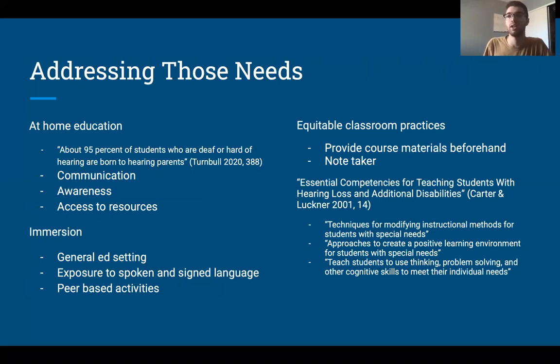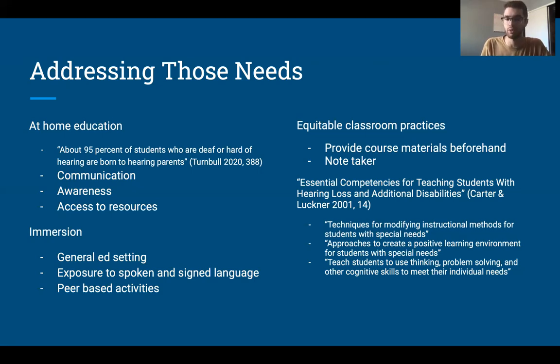This means that a lot of the time, parents with a deaf or hard of hearing child have had little to no exposure to deaf culture or any of those resources. So communication with support staff at school, awareness of the student's disability, as well as access to other outside resources are going to be the biggest advantages we can give families with students who are hard of hearing.